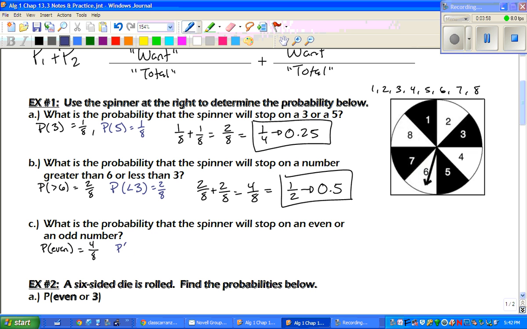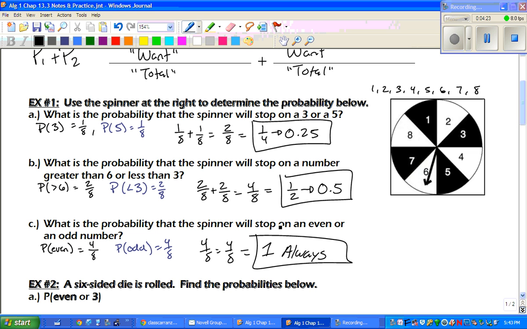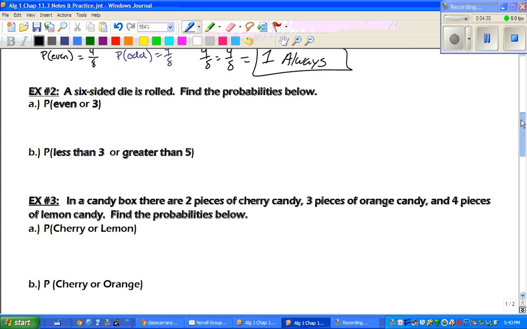And then when we add that with the probability of getting an odd, we have 4 chances. So what happens when you add those two up? You should get a 1, so this is always going to happen. You're either going to roll an even or an odd. It can't be anything else than that.